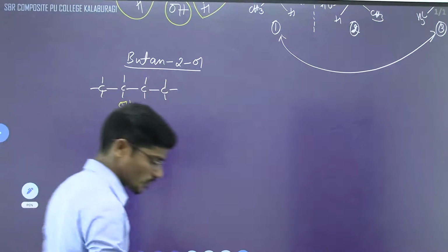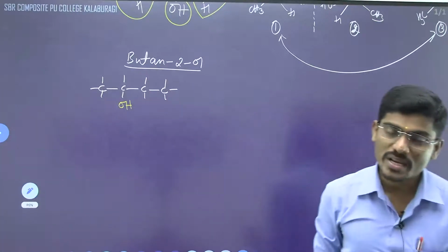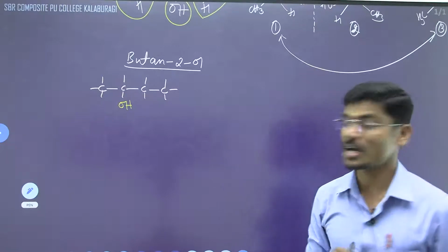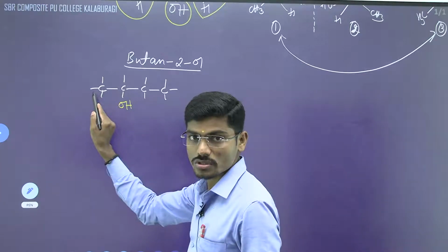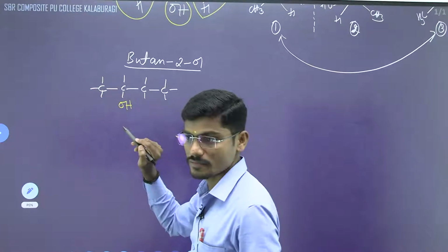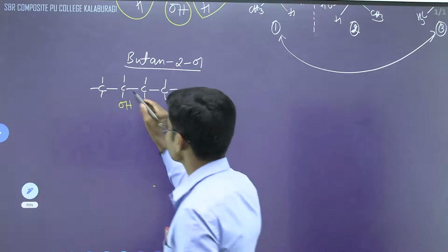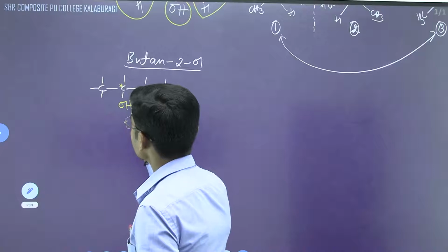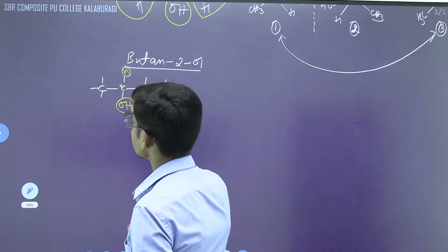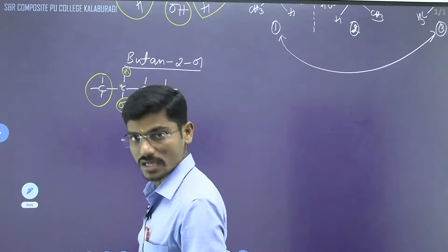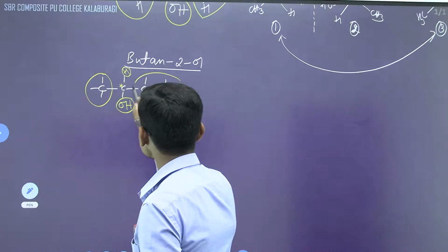Remaining all are hydrogen. Now you can check how many chiral carbon atoms are present in this. Is this carbon chiral or not? No, it is not a chiral carbon because it contains 3 hydrogens. This carbon, yes, it is a chiral carbon atom, because on this carbon one group is OH, the second group is hydrogen, the third one is a methyl group, all different, and the fourth one is an ethyl group.